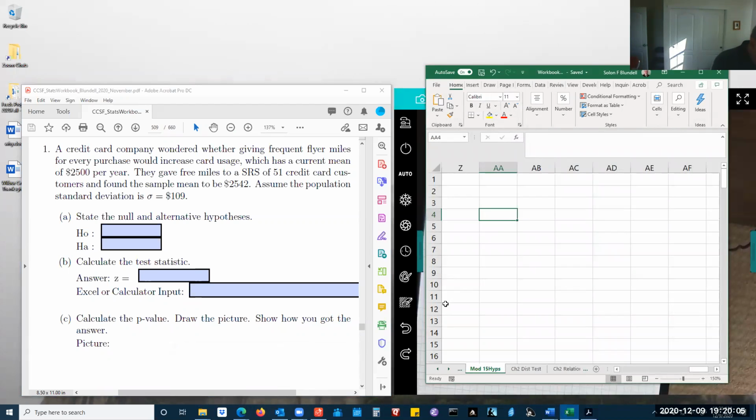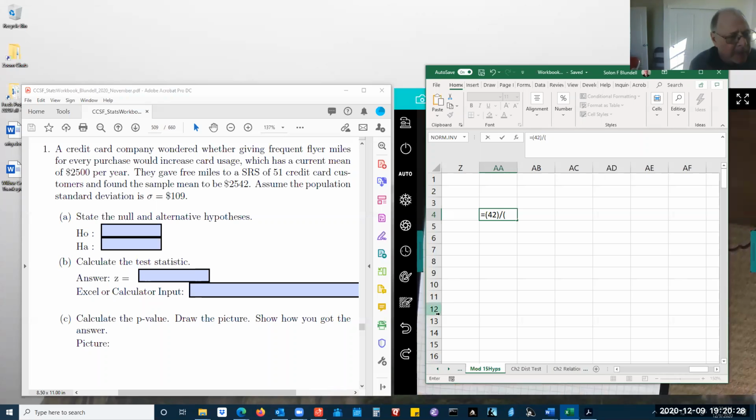So I'll do my $42 on top. That's 2542 minus 2500. So I got my $42 on top, and on the bottom I have, oh, my standard deviation was 109. I wrote that wrong, 109. It didn't make any sense.